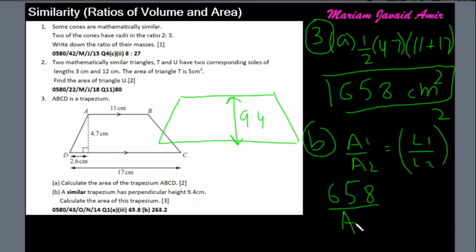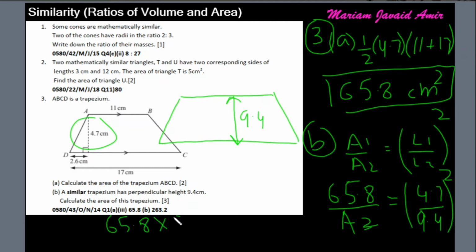So let's leave it as A2 equals to length 1 of the first trapezium is 4.7 and the corresponding length of the second trapezium is 9.4 and whole square. Now I'll solve this. Okay, now I'll do 65.8 times 9.4 square divided by 4.7 square.